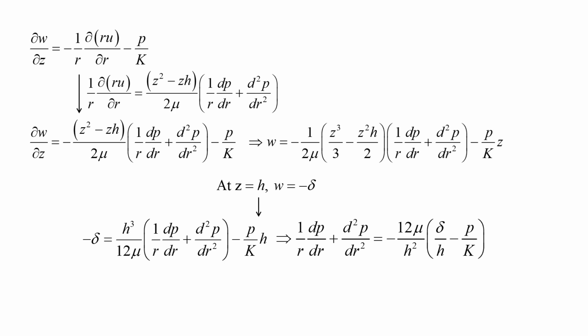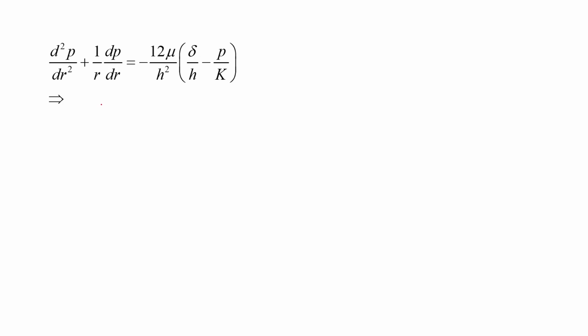Now we can write this whole expression in terms of p. If we rearrange it, we can write it like this: 1 by r dp by dr plus d square p by dr square, minus 12 mu by h square, into d square by dr square of p minus k delta by h.